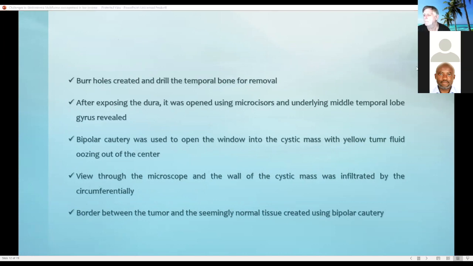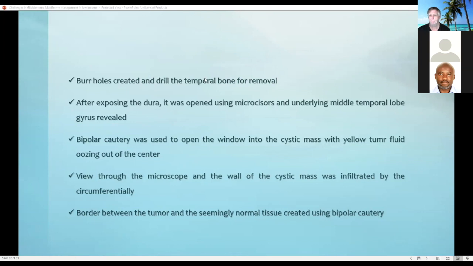And we did a burr hole with a drill in the temporal bone for removal. After exposing the dura, it was opened using micro scissors, and the underlying middle temporal gyrus was revealed. Then, by bipolar cautery, we created a window in the cystic mass with yellow tumor fluid oozing out of the center of the mass.